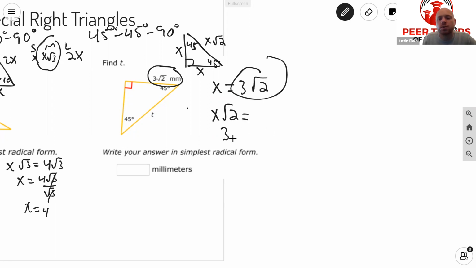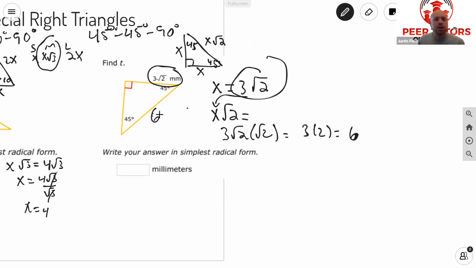So that's going to be 3 root 2 times the root 2. Okay, because x is 3 root 2, so that goes right there. And then the second root 2 is right there. So what is root 2 times root 2? That is 2. So 2 root 2's make a 2. And then that makes it 6. Okay.